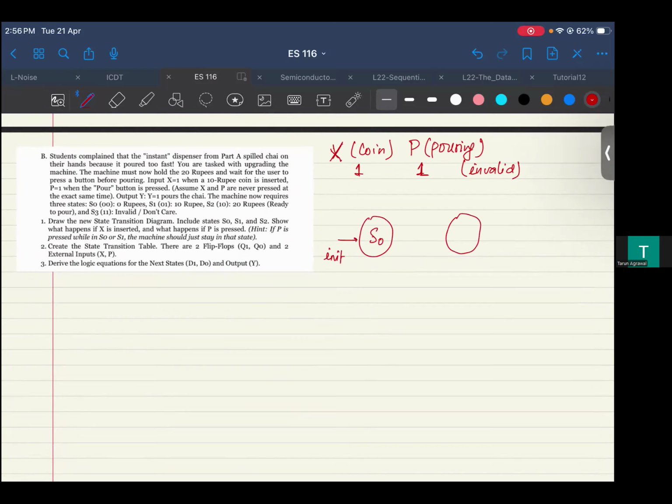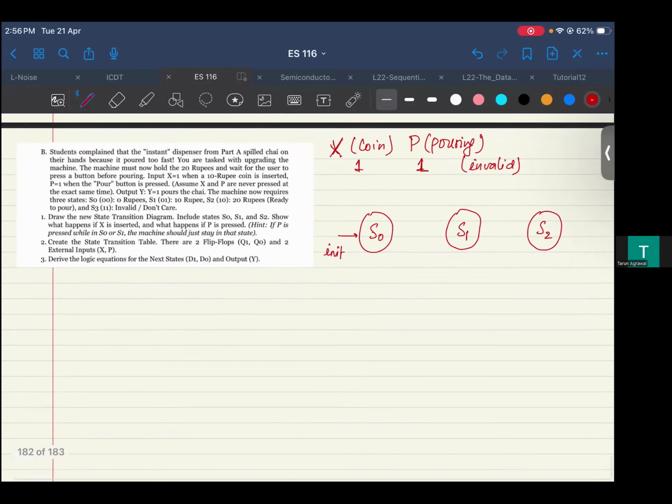I go to some state, which is what I call S1, the 1 rupee coin state. Then, because I'm waiting in the second state for P to be enabled, there is a third state which has to be there when I put in another coin. That means this is happening when X is 1 and P is 0, right?